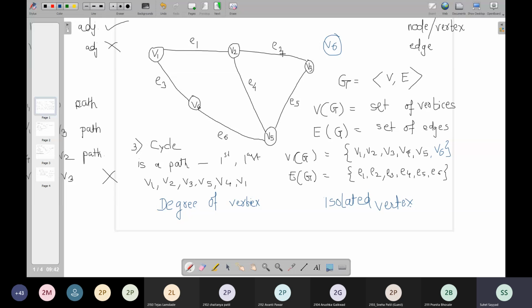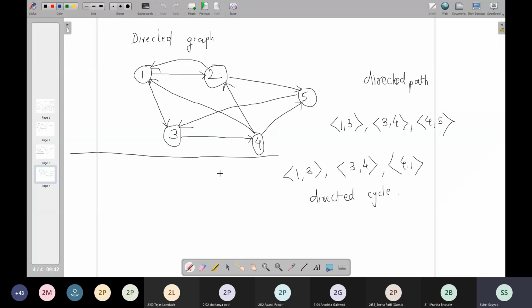Now this is about the undirected graph. When we are talking about degree, this is for undirected graph. If we are dealing with a directed graph, coming back to this example of directed graph, let us discuss how the degree works. When we are dealing with a directed graph, the degree is basically divided into two parts, in degree and out degree.